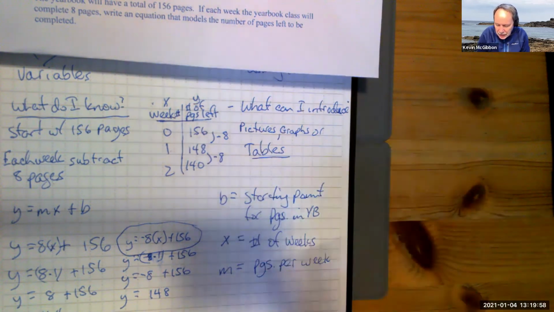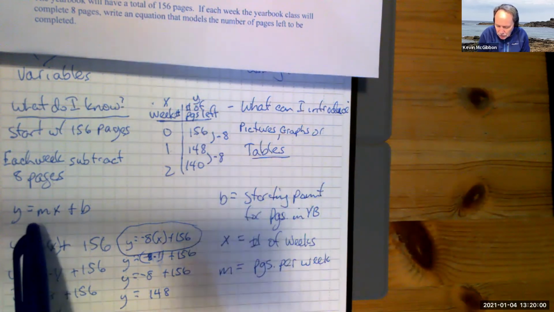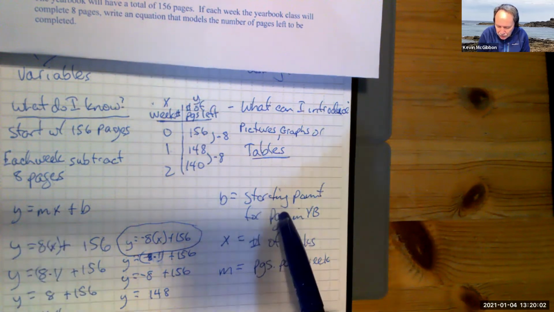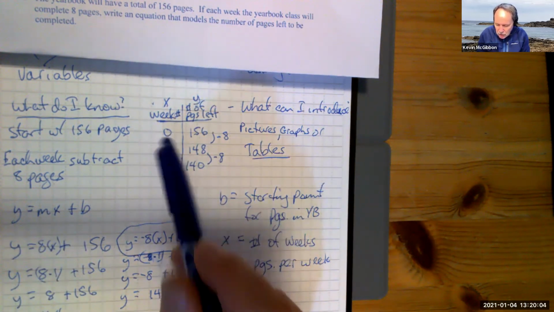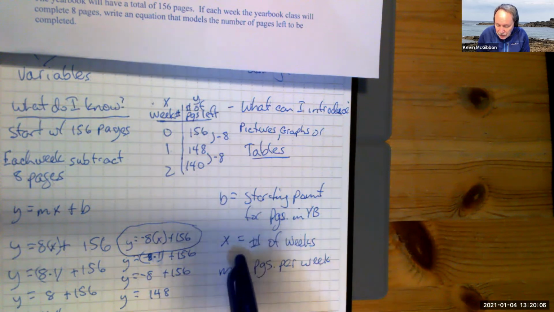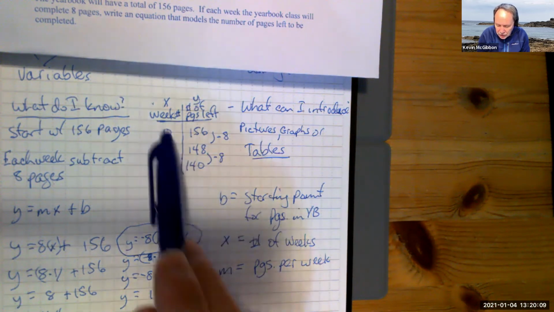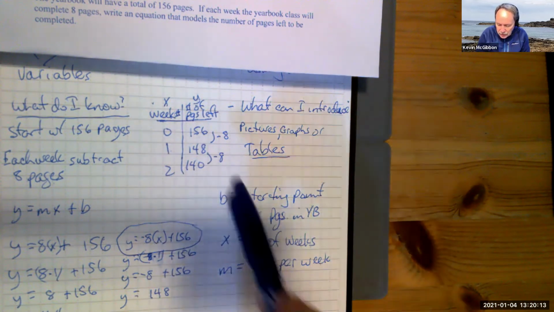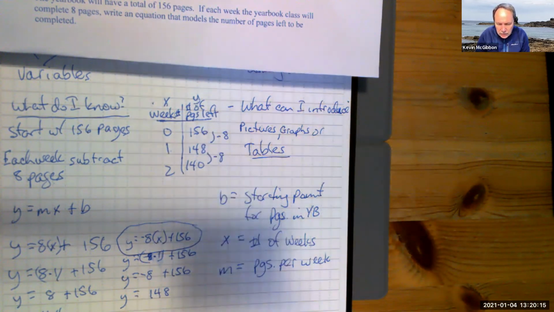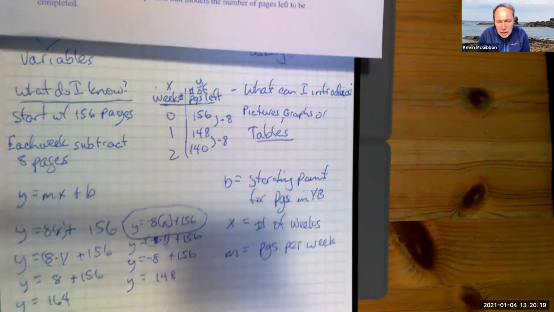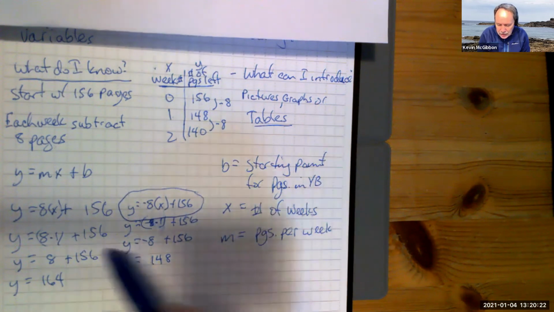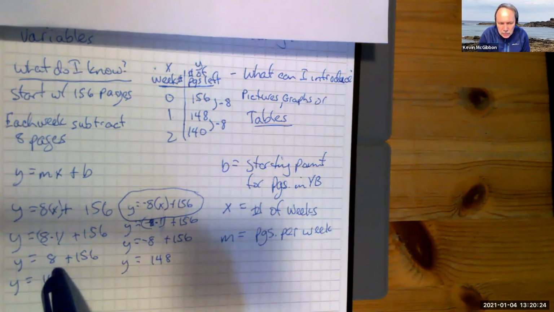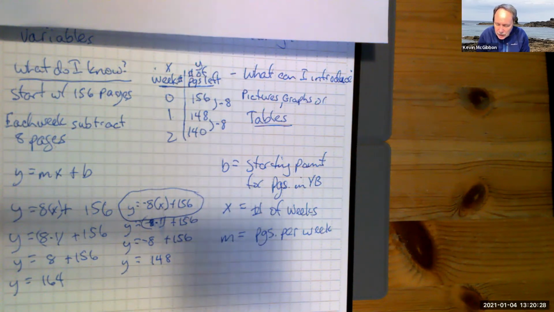And then we labeled the y-intercept, which the table helped us with. We labeled the x value, and the slope, which the table and the calculations in the table helped us with. And then at the end, we even used the table to help us in our check to make sure that we were coming up with it correctly. Okay, I like the way you guys did that.